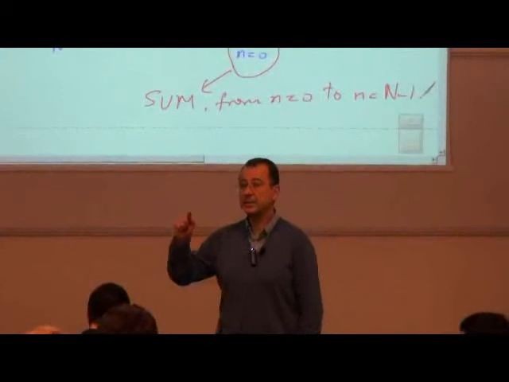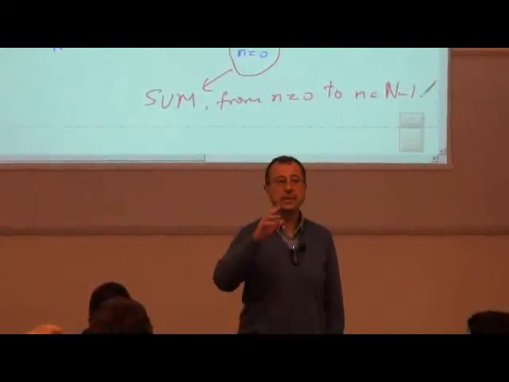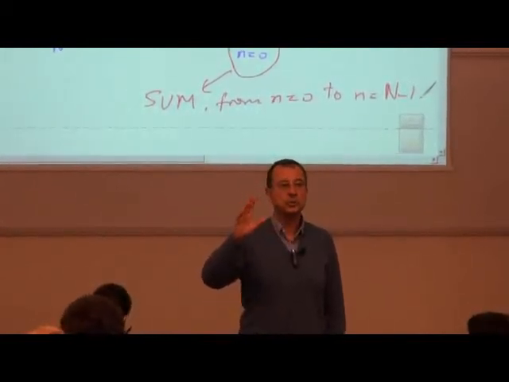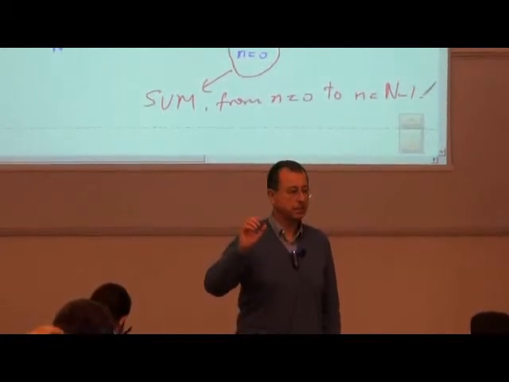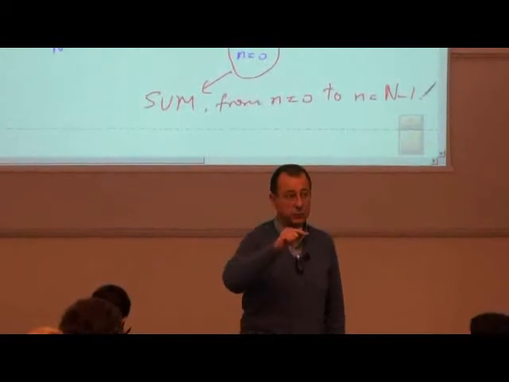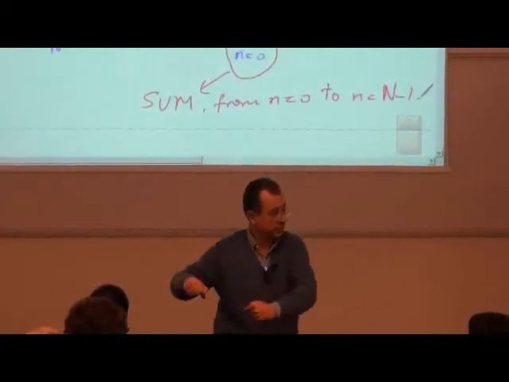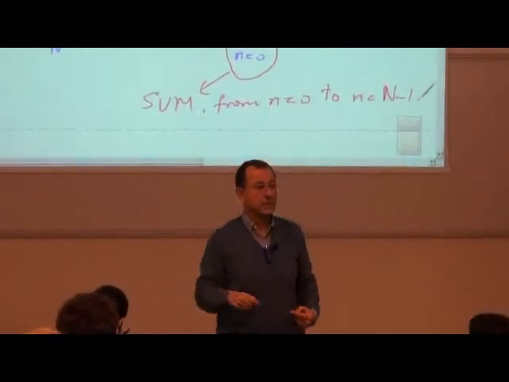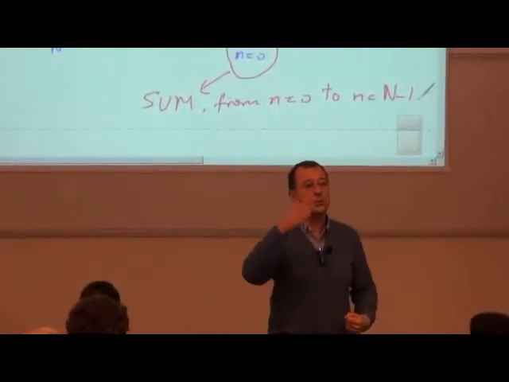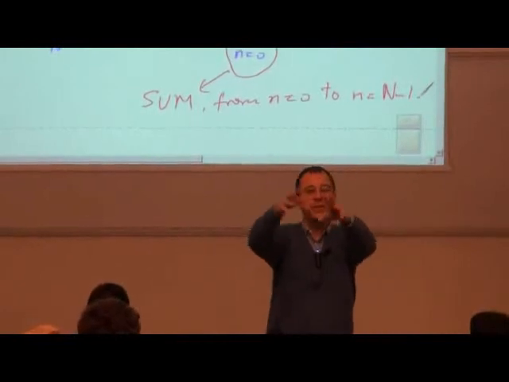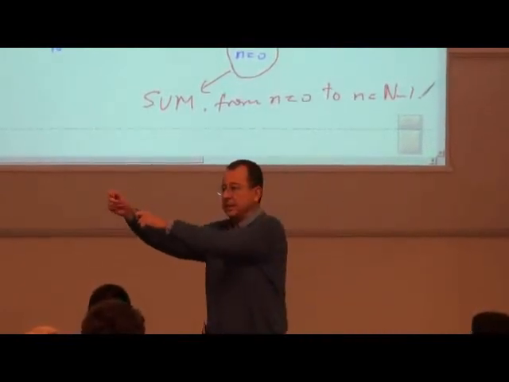This means sum from n equals 0 to n equals n minus 1. Let me now go over that a little bit.